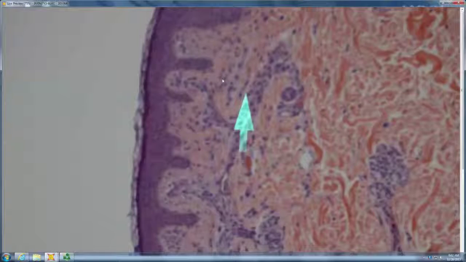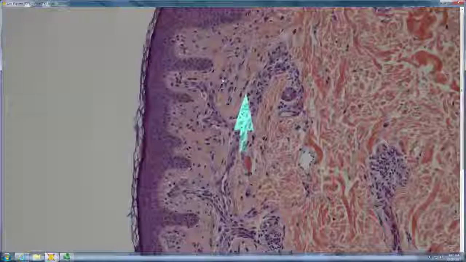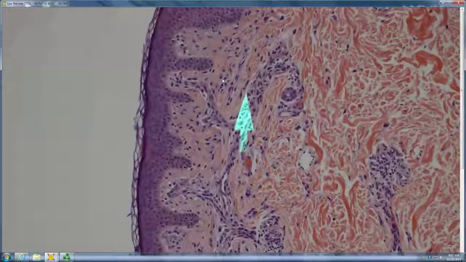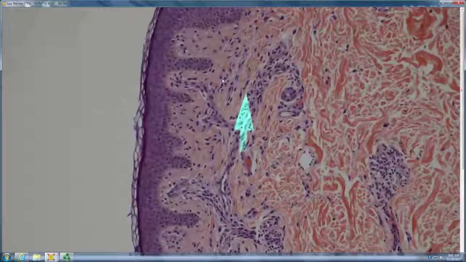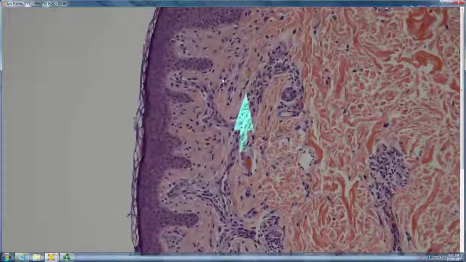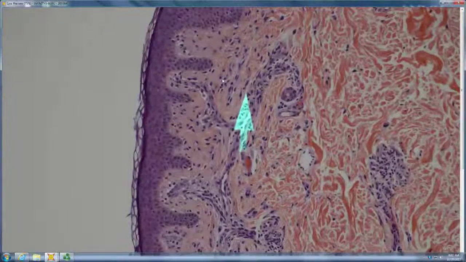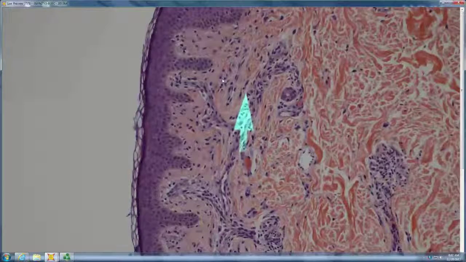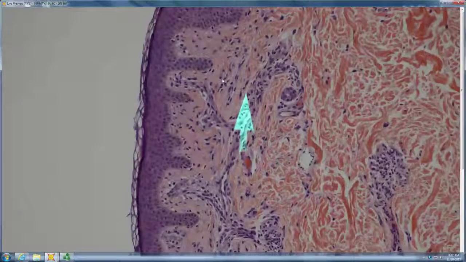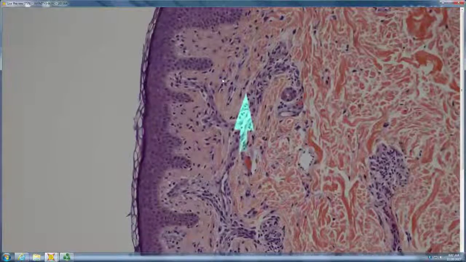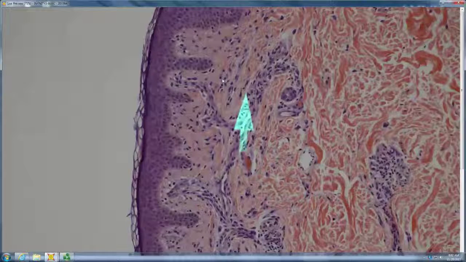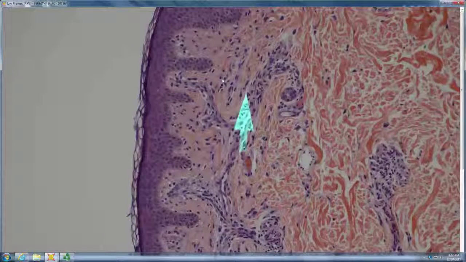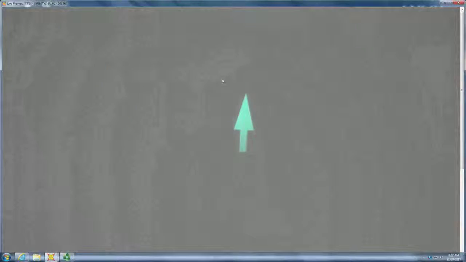Like big chunky fibroblasts with little blue granules in them. That's typical for what type? The TMEP type. TMEP, telangiectasia macularis eruptiva perstans, which kind of says it all. There's telangiectasia, there's macular hyperpigmentation, it erupts with urticaria, and does it go away? No, it's perstans, right? So that's a very TMEP-like appearance.